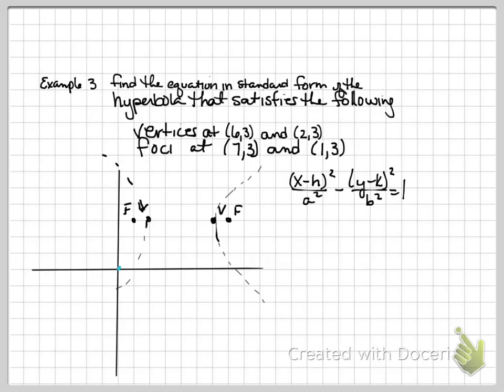Well, the center is going to be right in the middle between my foci. So this has a distance of 4, so right in the middle is right here. So my center is right there. And that points 1, 2, 3, 4, 1, 2, 3. That points at 4, 3. So there's my h, k. So I'm going to fill in that.